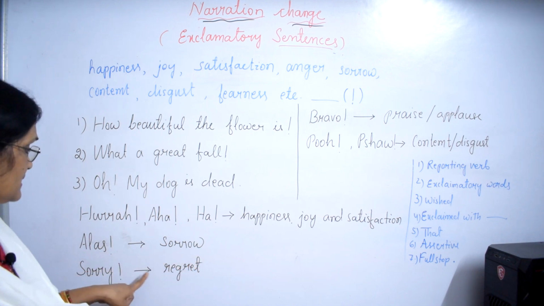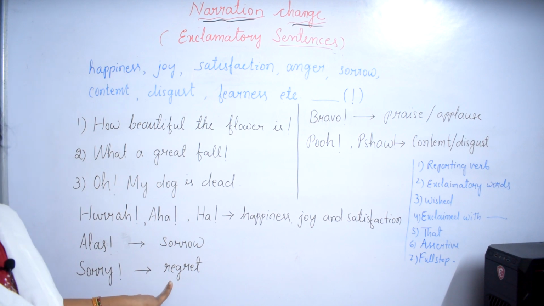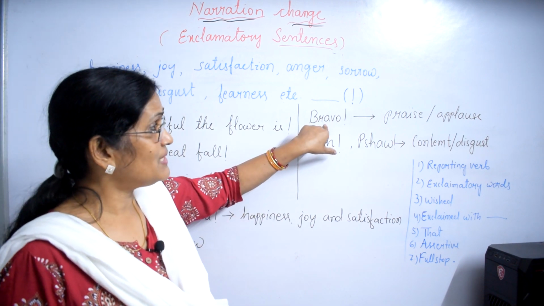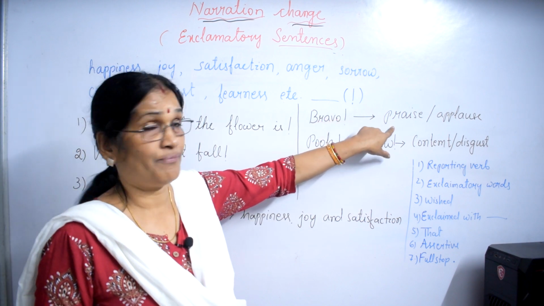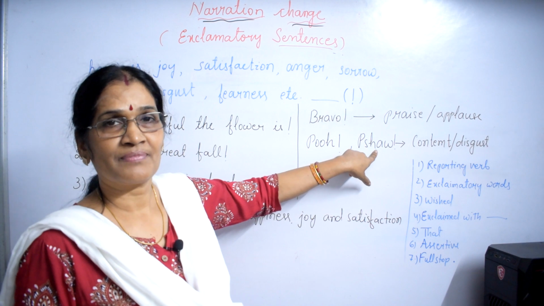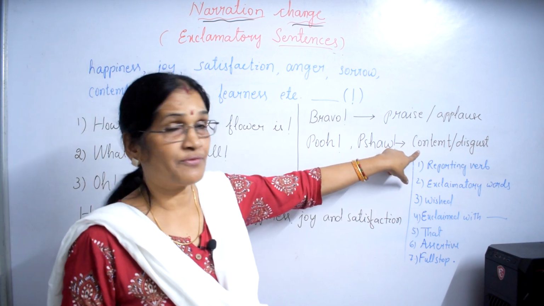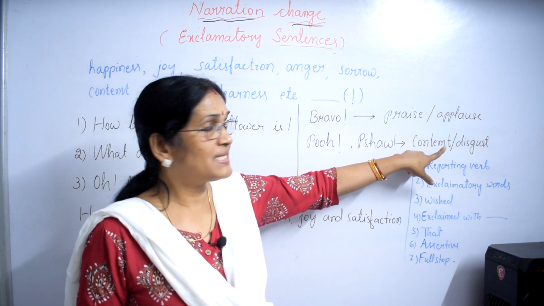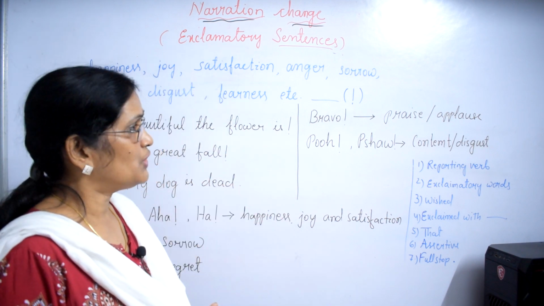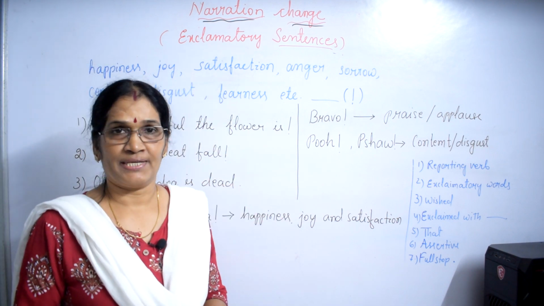Sorry! The word is used to express the feeling of regret. Bravo! The word is used to express the feeling of praise, applause. Phew, shh! Those words are used to express the feelings of contempt, disgust, disbelief. There are more words we use to express our feelings.